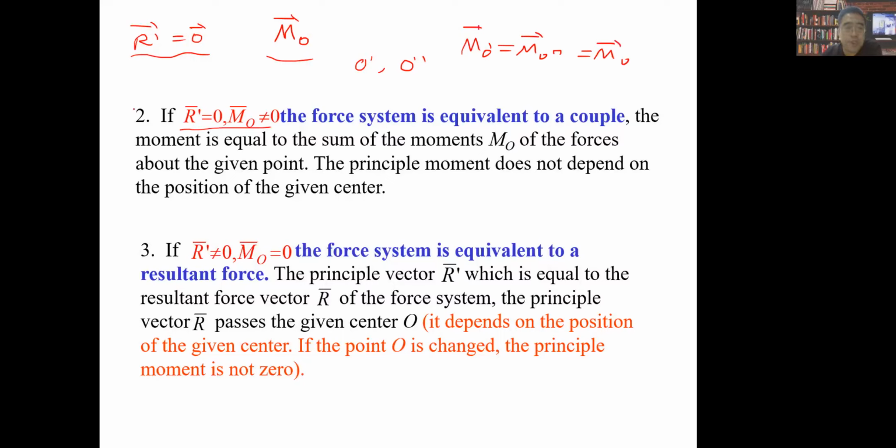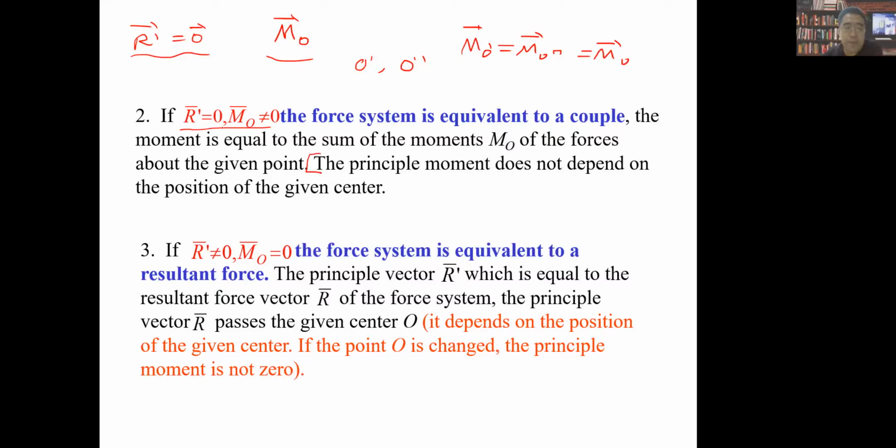Because under this condition, the effect of the original force system on the body is just equivalent to this M. And a couple has just three factors: magnitude, direction, and action plane. So it doesn't depend on the position it is acting on, right? So the moment is equal to the sum of moments MO of the forces about a given point, and the principal moment does not depend on the position of the given center. That's why.